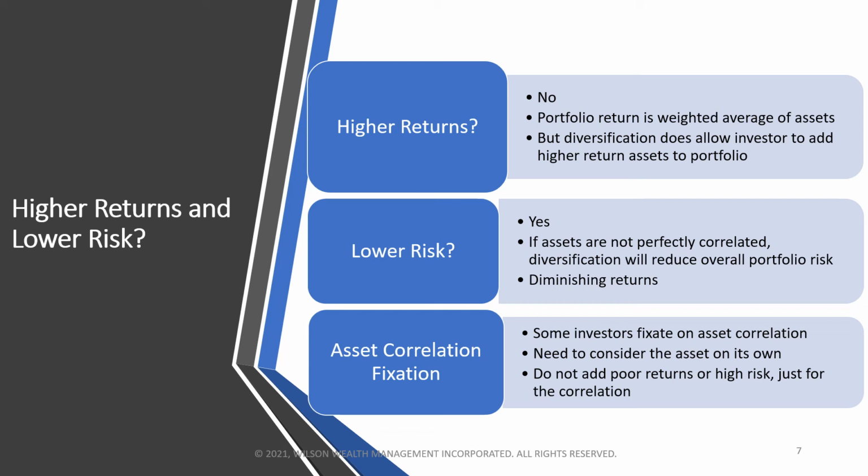However, I think what they mean here is that diversification does allow investors to add higher return assets to the portfolio. And we saw that with either Chevron or the gold fund. Both offered 25% expected returns versus Exxon's 15%.